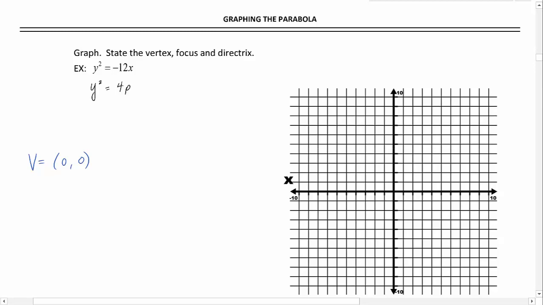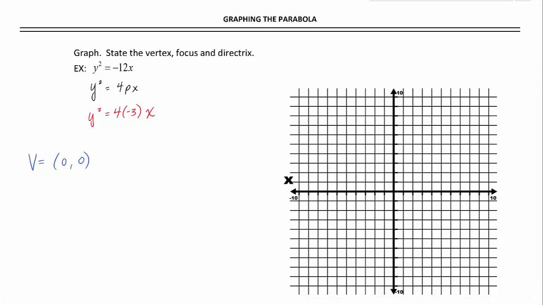equals 4px. This is just a simplification of our standard form where I've plugged 0 in for h and k. So to rewrite it in this form, we would have y squared equals 4 times negative 3x.